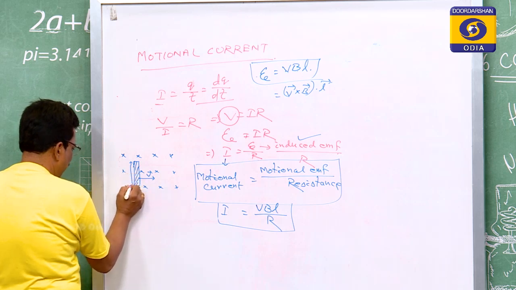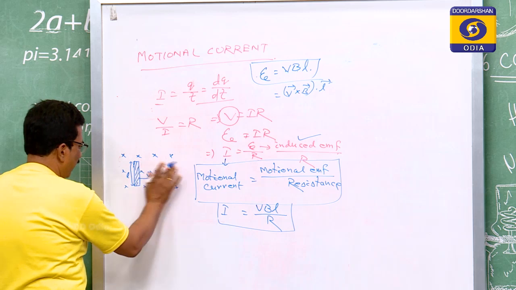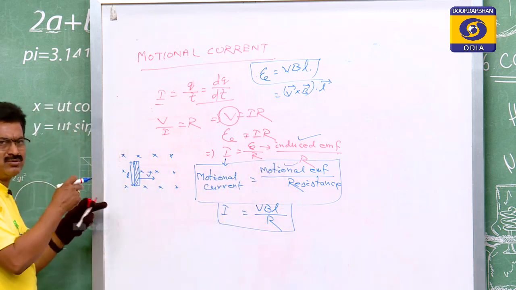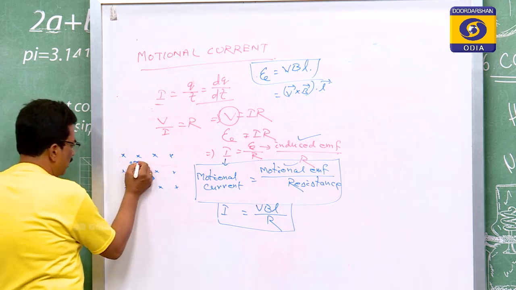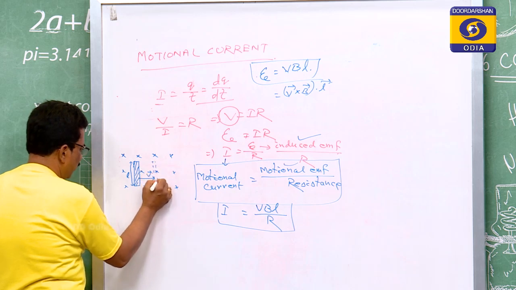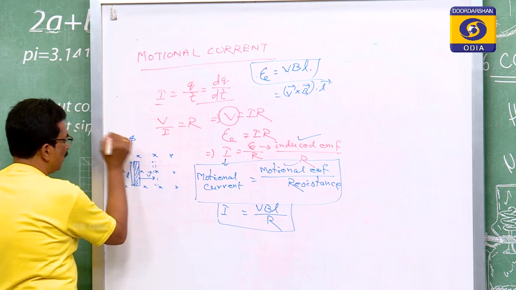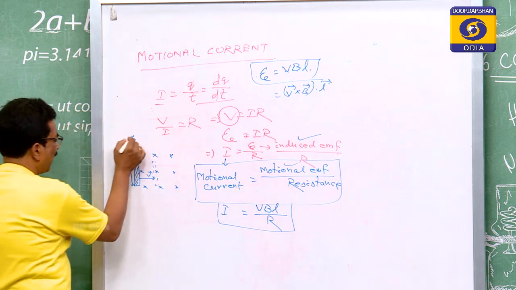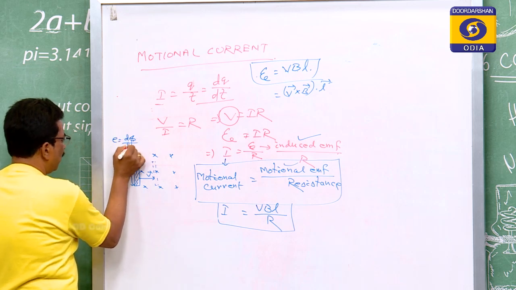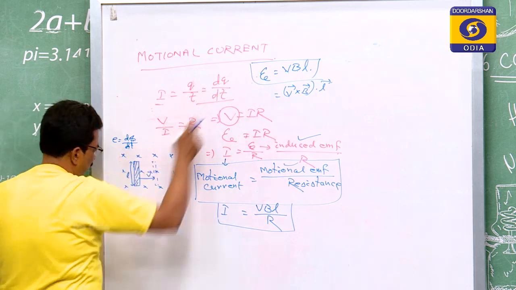This is its length L. So, when it moves in a magnetic field, the motional EMF is produced, as we already came to know, because when it moves from this position to this position, there is a change in area. This change in area leads to the development of phi, and that means there will be an EMF. EMF equals d phi by dt. Likewise, we find Chi equals VBL.